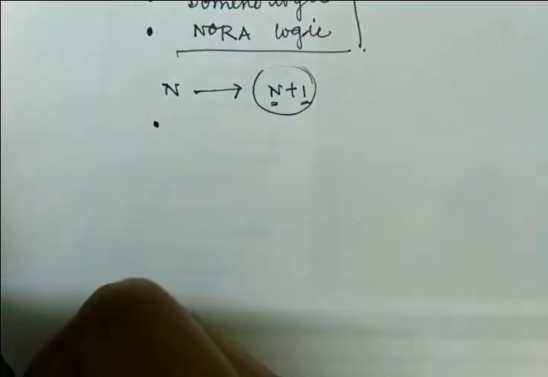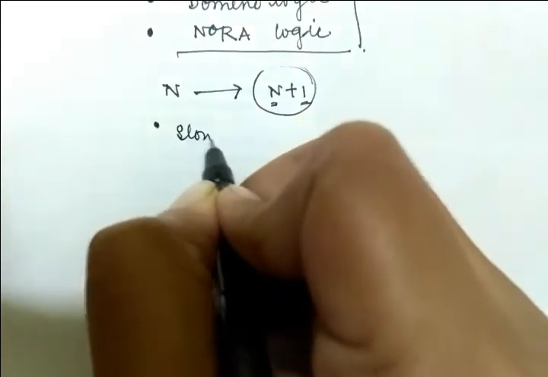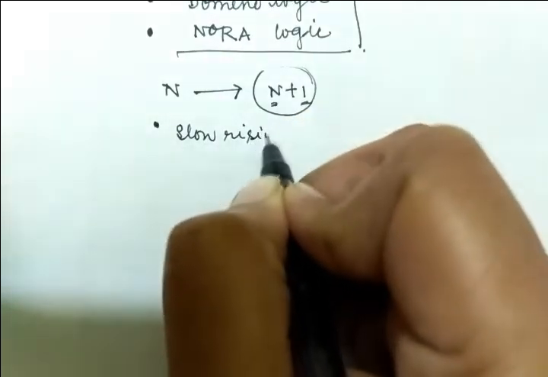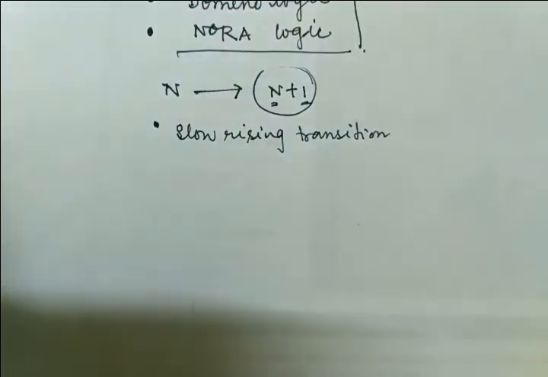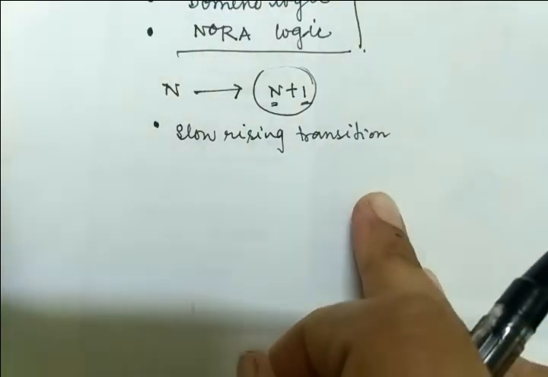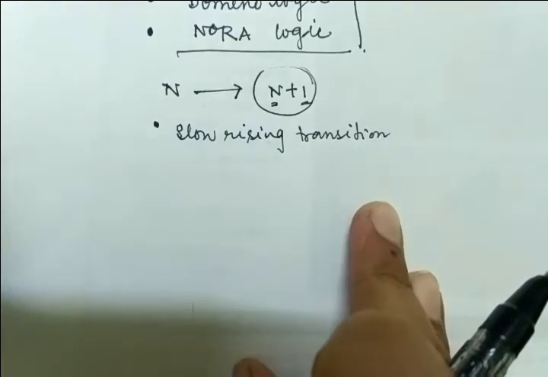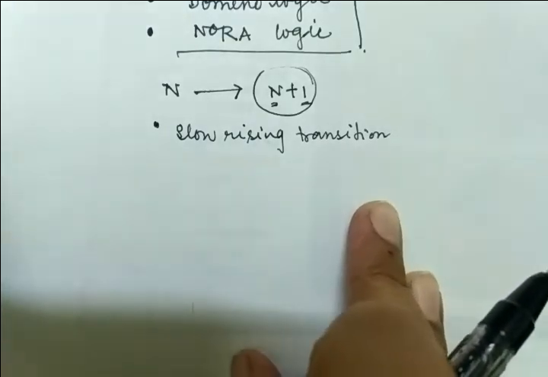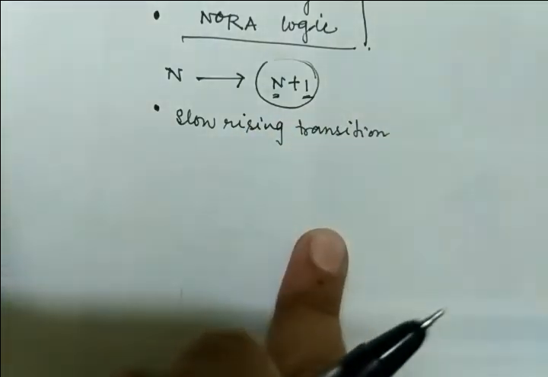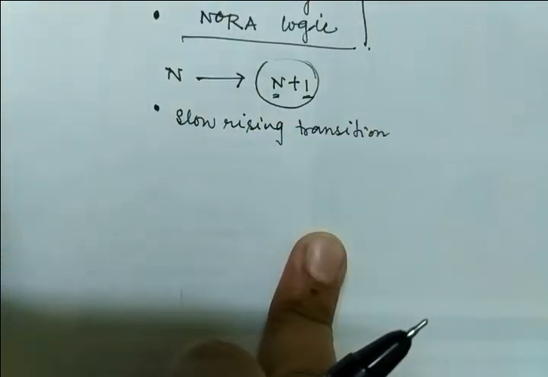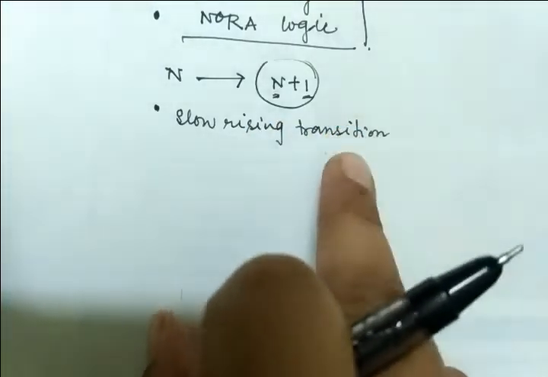The first drawback is slow rising transition. If you go through the details of the pseudo NMOS logic circuit lecture that I already shared, you will properly understand why I am discussing these drawbacks of ratio logic circuits.